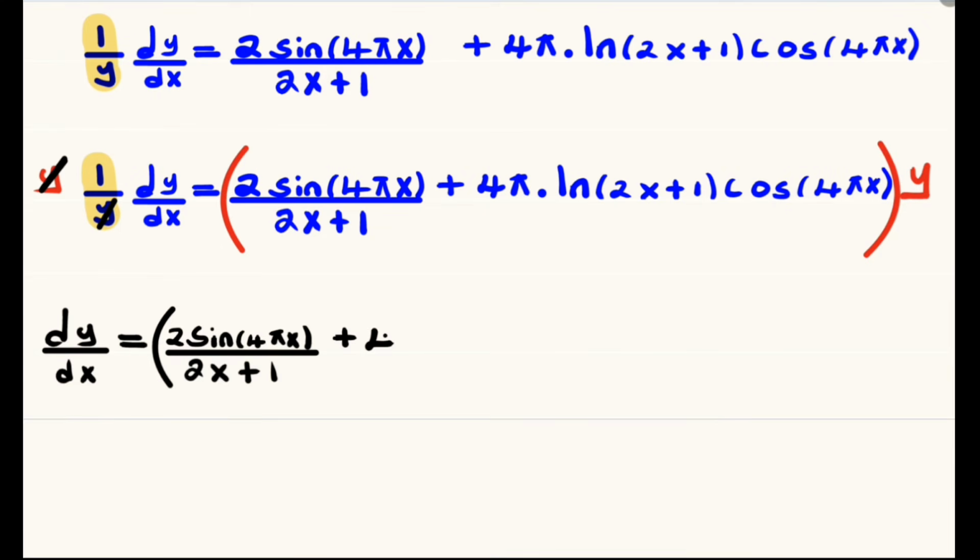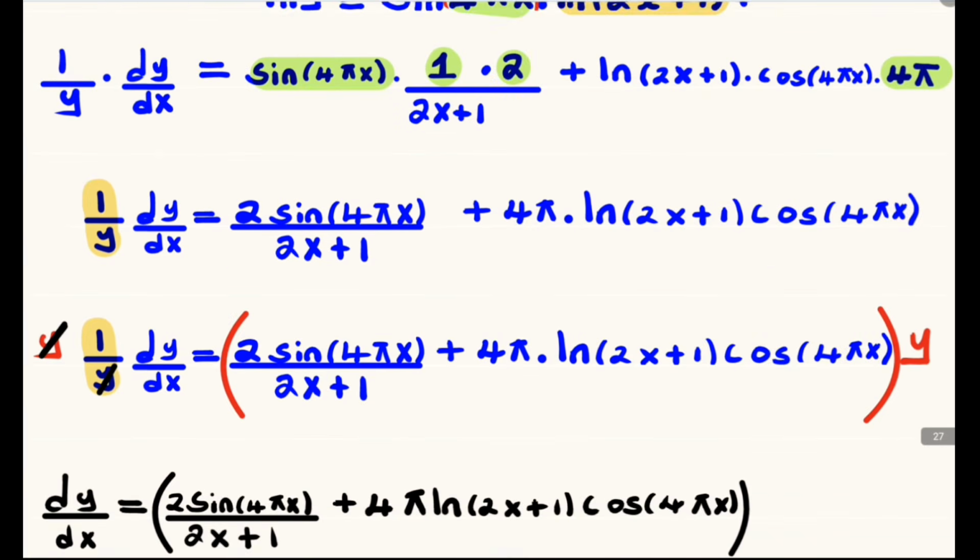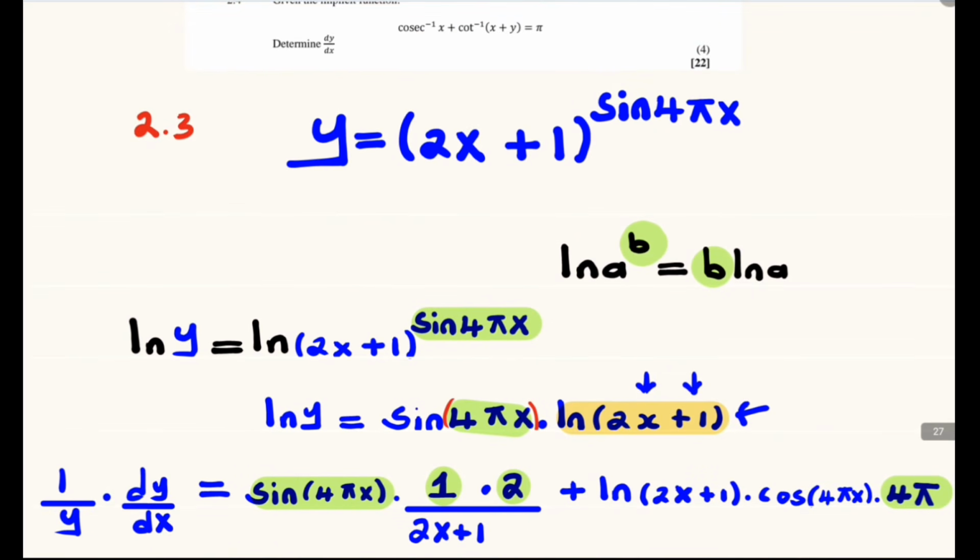plus 4 pi multiplied by the ln of 2x plus 1 multiplied by the cos of 4 pi x, multiplied by that y. But we cannot have the y in terms of y, we have to have it in terms of x.